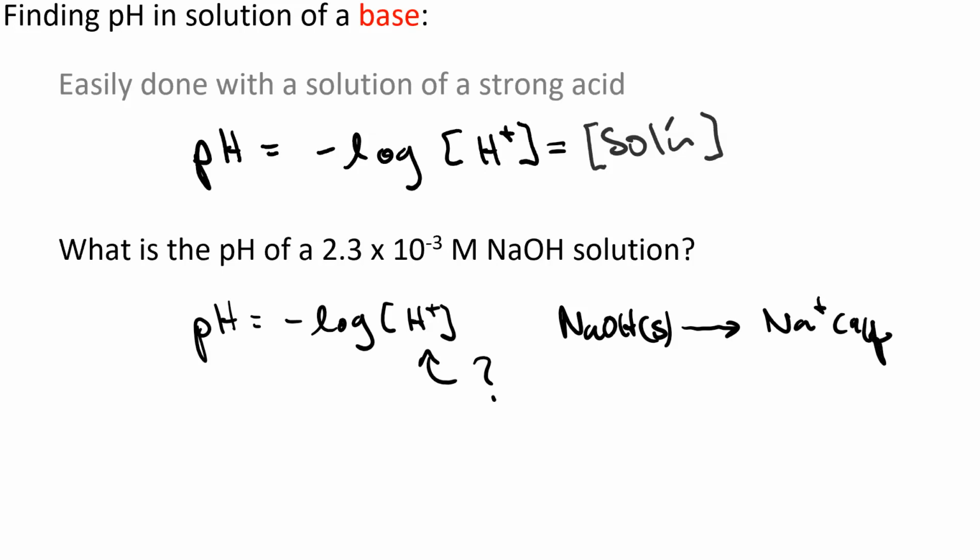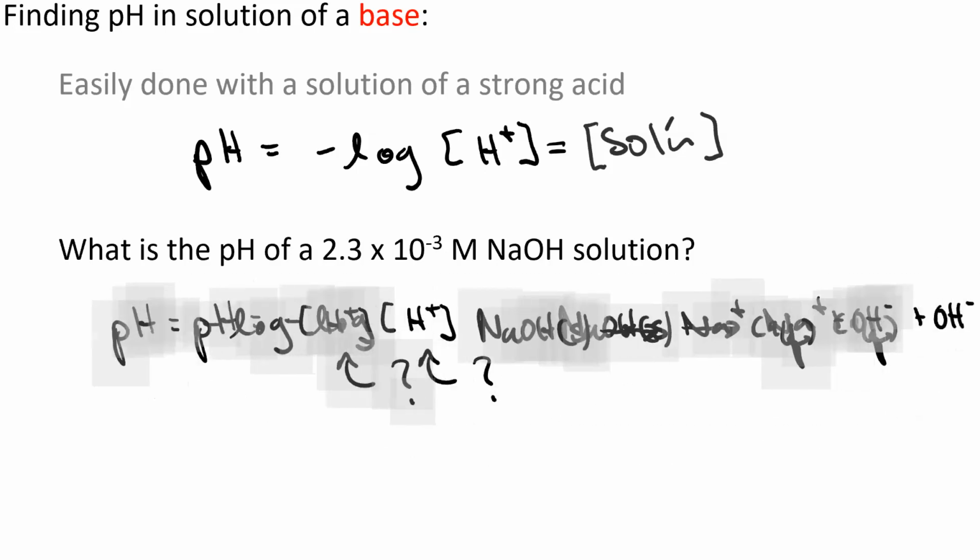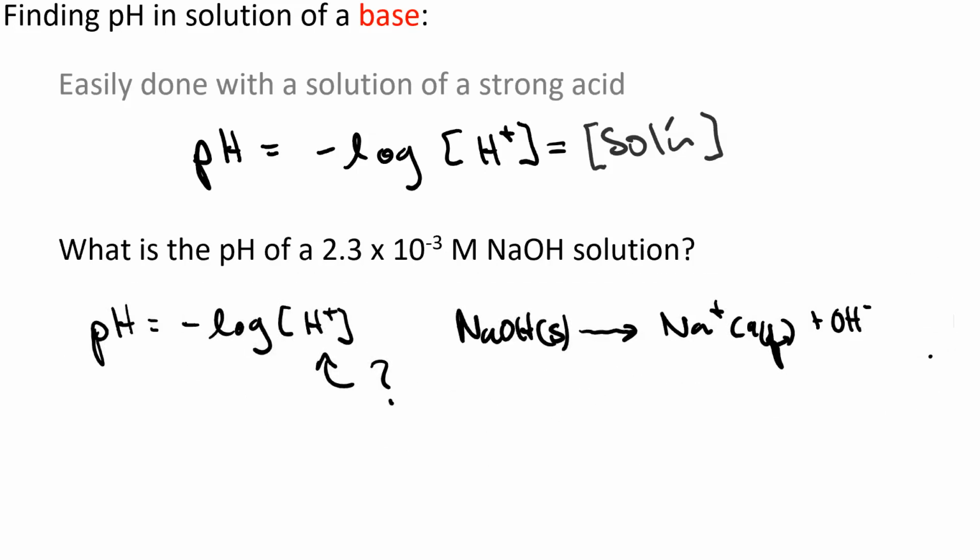So it's 100% dissociated into sodium ions and hydroxide ions. So that means that the concentration of hydroxide equals the concentration of the solution.